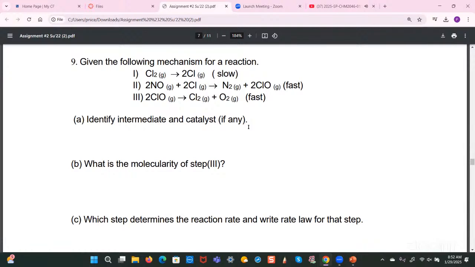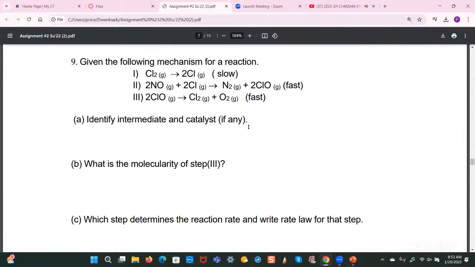The catalyst is used in a previous step and then produced in a subsequent step. So please know the difference between intermediate and catalyst.